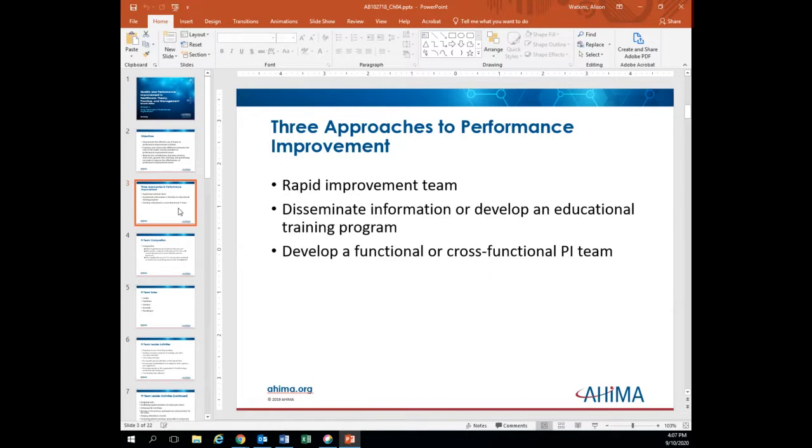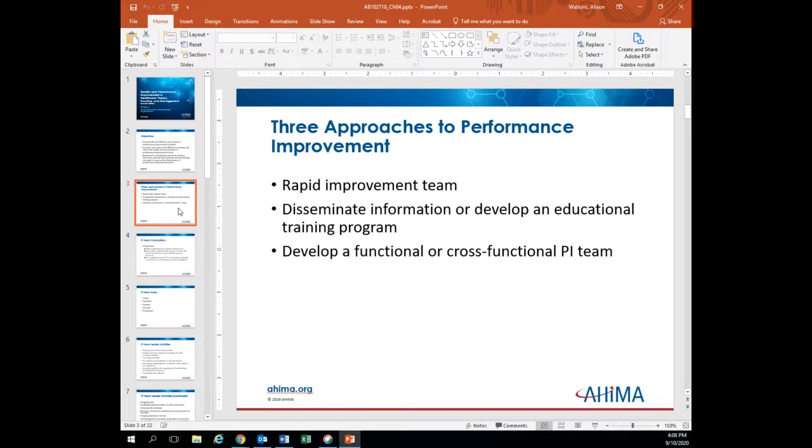I know that when we all had to leave campus and go home to work remotely, we received a lot of training videos that we mandatorily had to do because we were getting inundated with potential computer virus issues and phishing and other things. So they delivered educational training for us to help improve our performance.